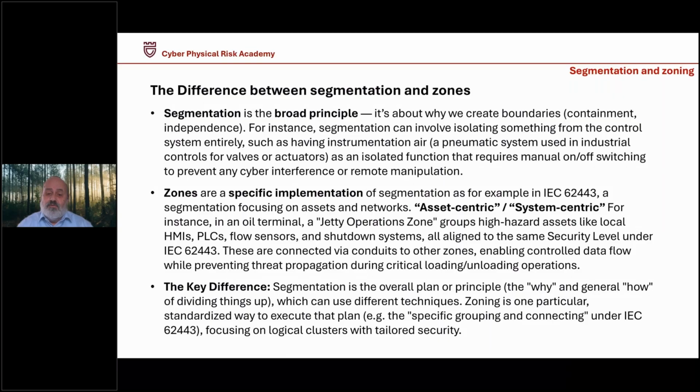The 62443 is system-centric, hardware asset-centric segmentation, looking at security characteristics. And I will discuss later on that there are different ways of looking at a system.